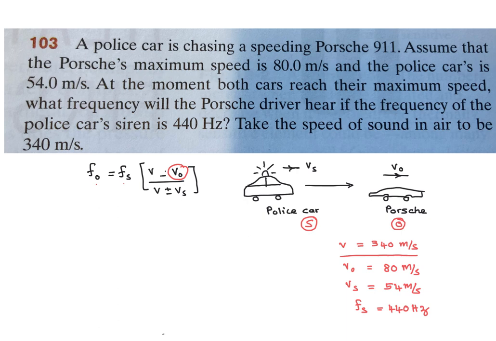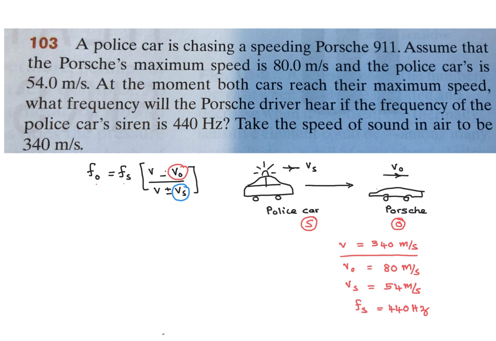In the same way we can look at the denominator and what is happening there. This is the source, the police car, and the police car is moving toward the observer. Because of the action of the source, the frequency should go up because it is moving closer to the observer.